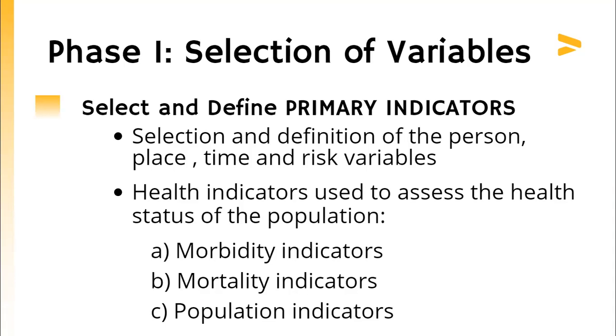Your primary indicators may be a health indicator, which is used to assess the health status of a population. We have three health indicators in public health or biostat: morbidity indicators, mortality indicators, and population indicators. I will be discussing each one in detail.